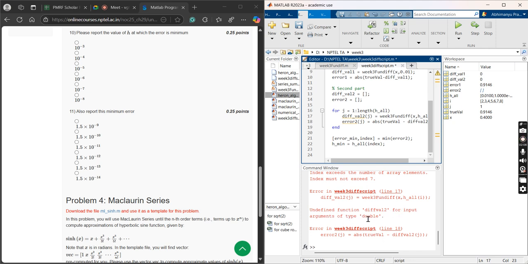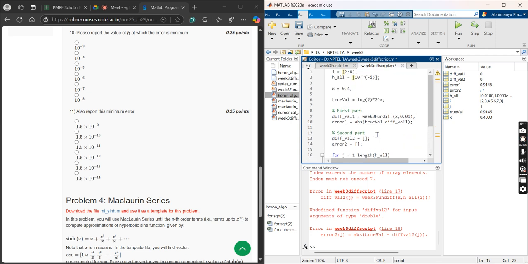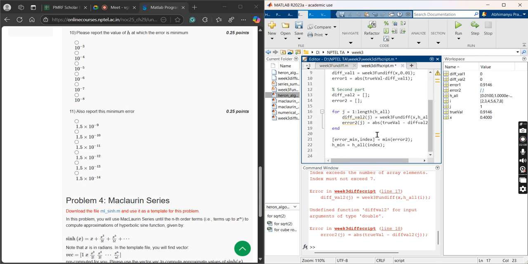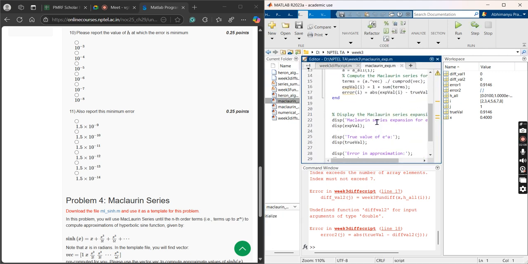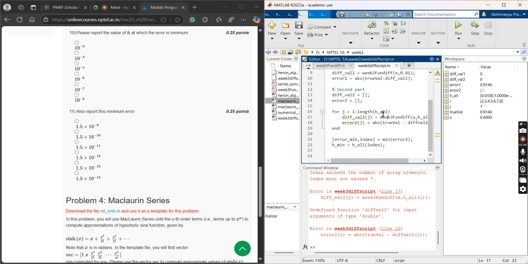Undefined function default to for input arguments of type double. This is something new.